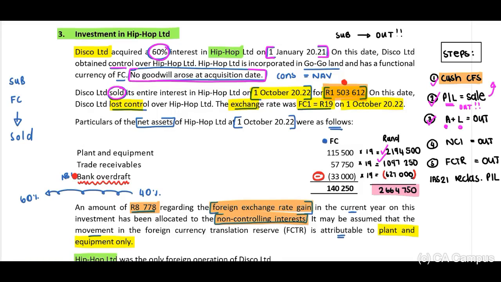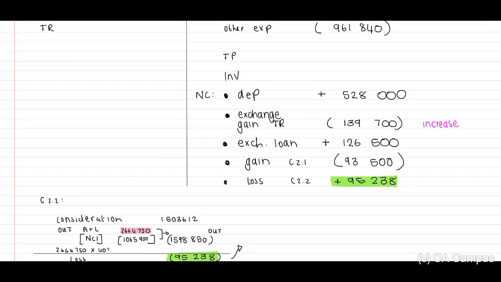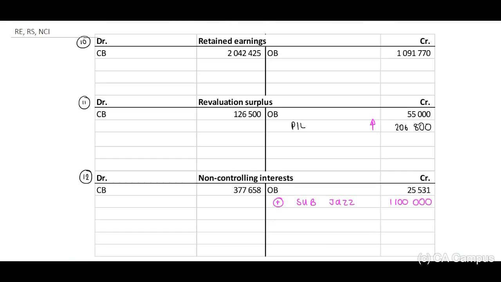Right, next step, our NCI. We need to take out our NCI. We've calculated our NCI. When you look at the left side of our screen, 1,065,900. Now, when we refer to our NCI, it will decrease on the debit side.